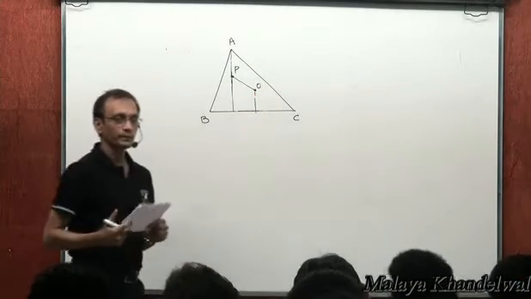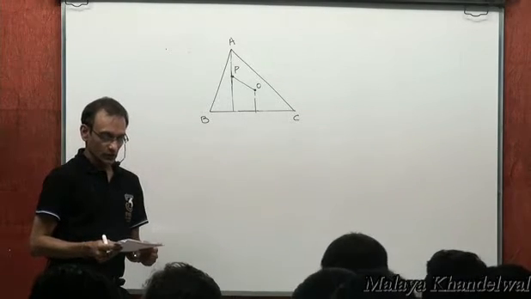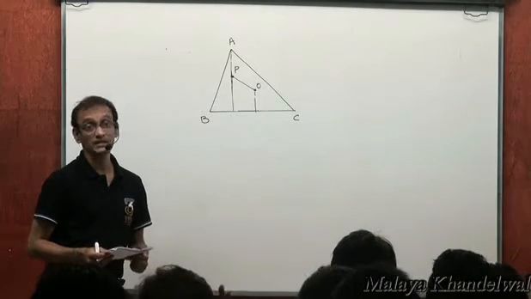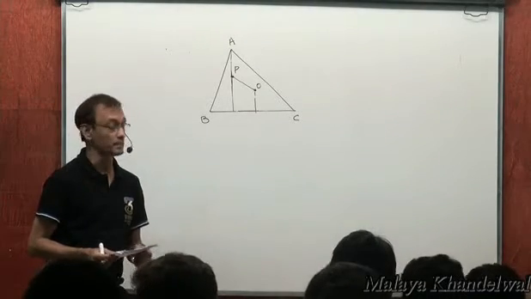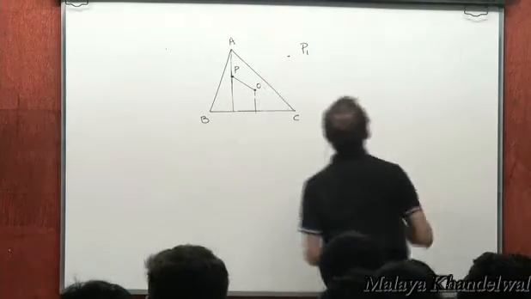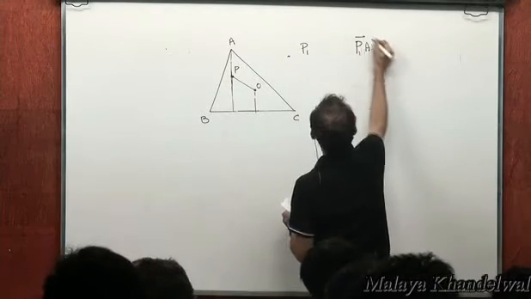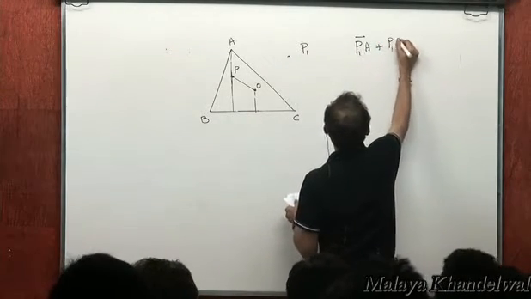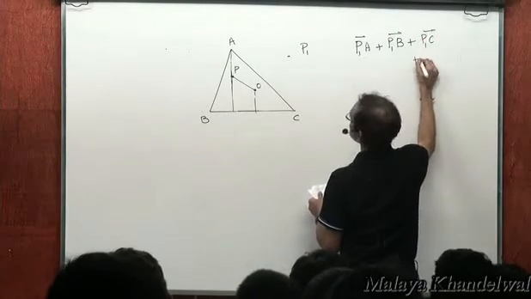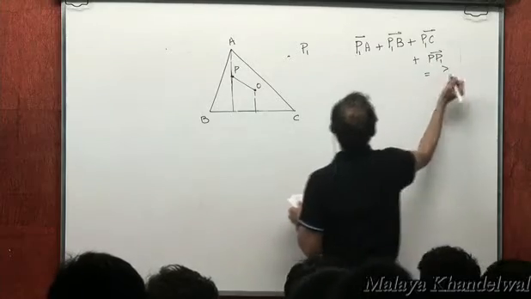And P1 could be just any point in the plane of ABC. We want to be able to find P1A plus P1B plus P1C plus PP1. We want to simplify this.